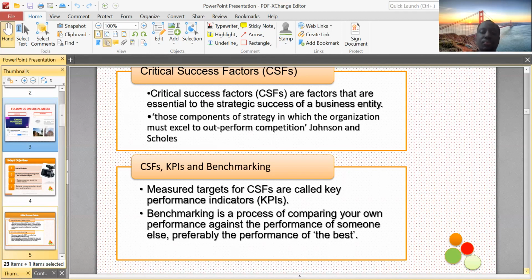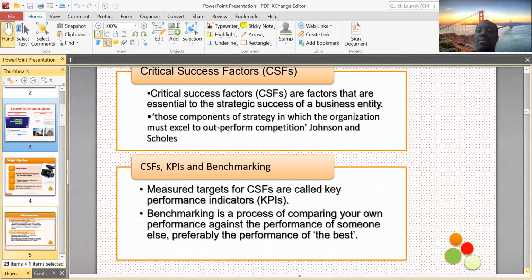So what do we mean? In your critical success factors, you might define excellent customer service as a critical success factor. Now, you need to break that down into a measured target when it comes to your key performance indicator.